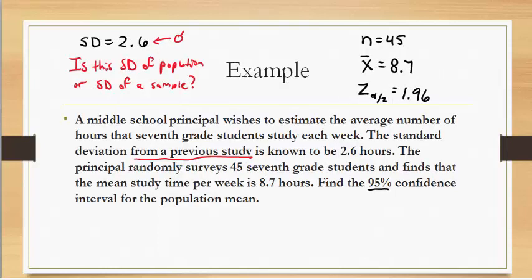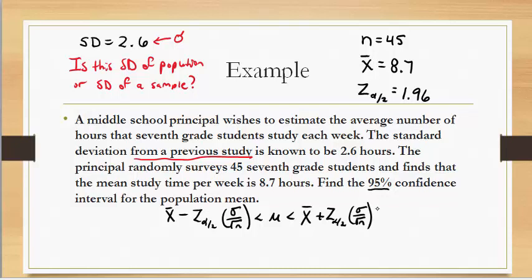All right, so let's go ahead and set it up. Okay, so I'm going to jot my formula down here so we can use that. And then we're going to plug the numbers in. Notice that on your formula, the left-hand side of the formula is exactly the same as the right-hand side of the formula, except the left-hand side has a minus and the right-hand side has a plus. But otherwise, they are identical.